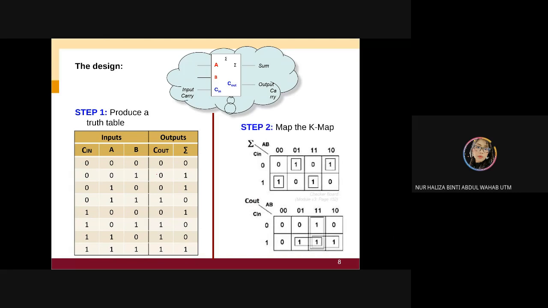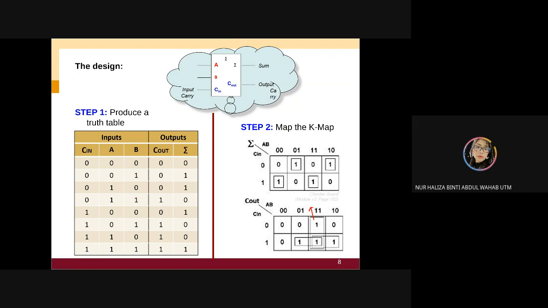Zero, zero, zero. This is 0, 1, 1. 0, 1, 1. And 1, 0, 1. 1, 0, 1. 1, 1, 0. 1, 1, 1. So supposedly we will get directly, I think on the simplification, I did simplify with the term incorrectly.